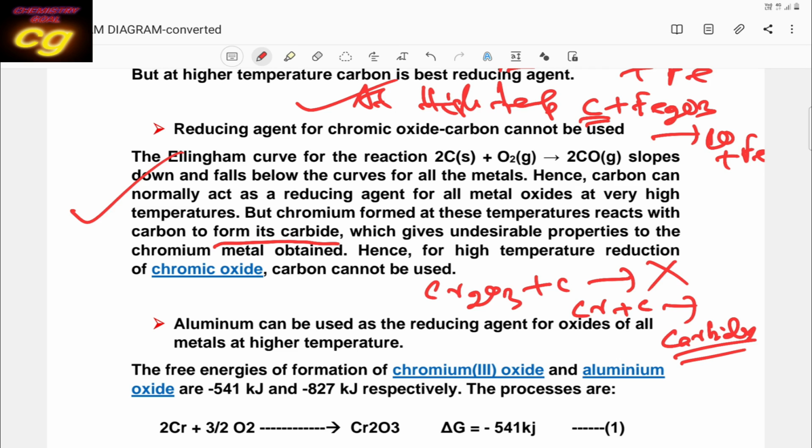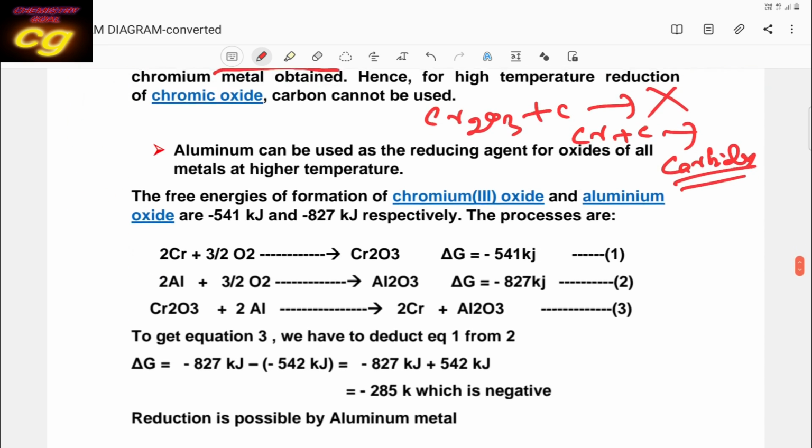That's why chromium oxide cannot be reduced by carbon. Theoretically it is possible, but practically it is not, because during heating chromium forms carbides, so it cannot be easily separated. This is the important application.